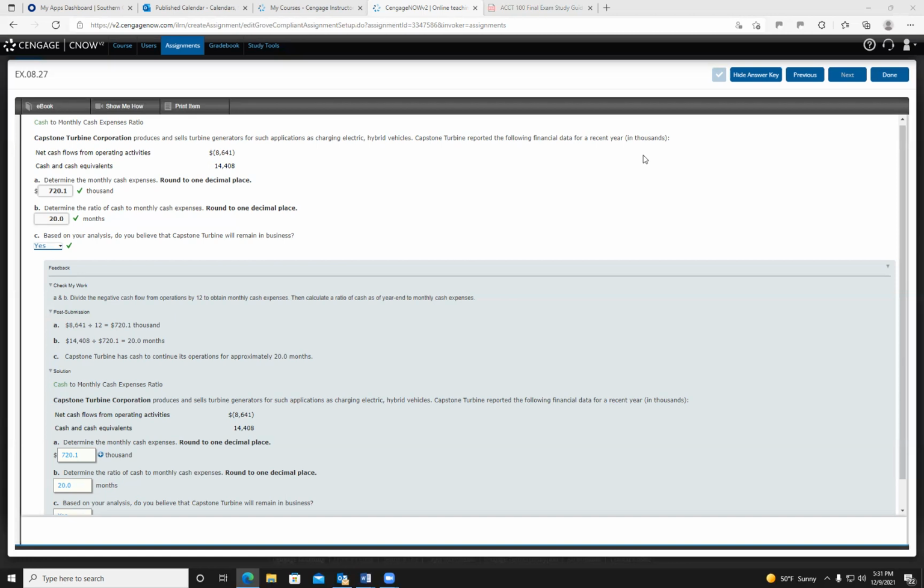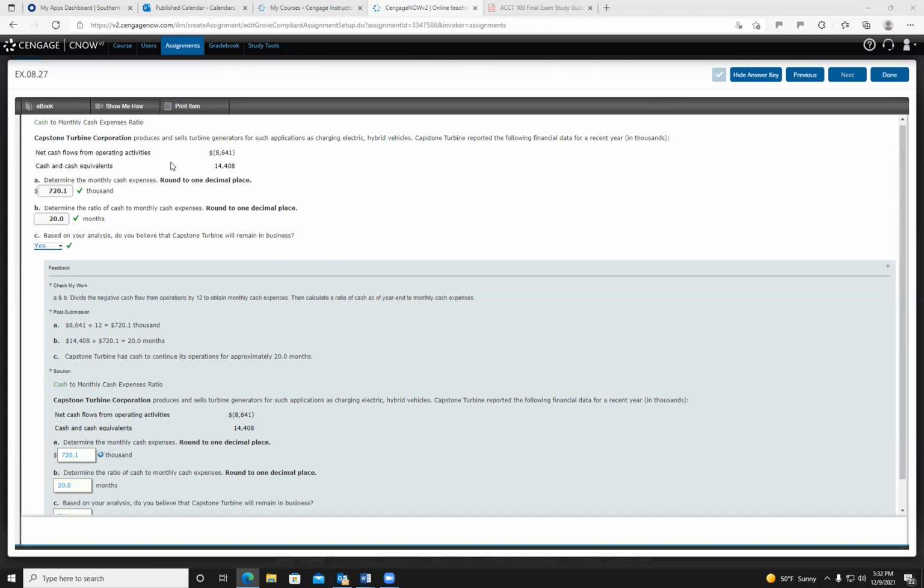This is your cash flows from operating activities. In other words, these are all the cash flow used to pay your operating expenses, and it's for the entire year. So 8,641, and of course it's in the thousands, but that's not important.